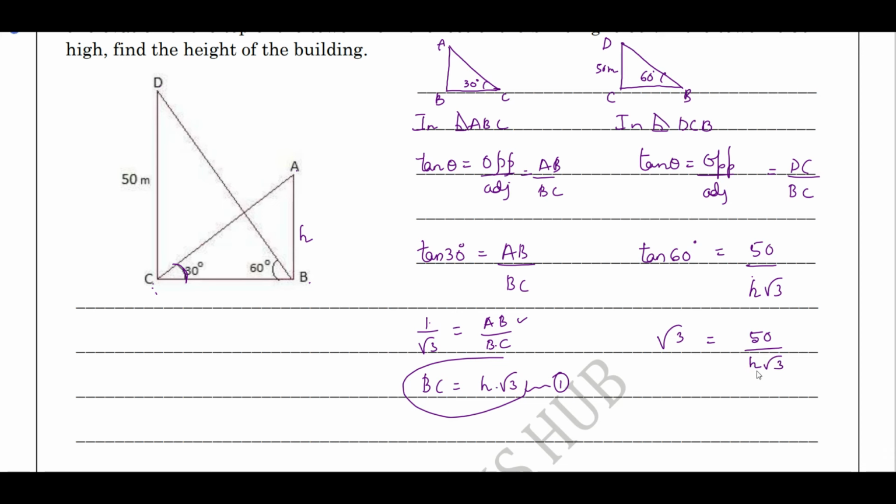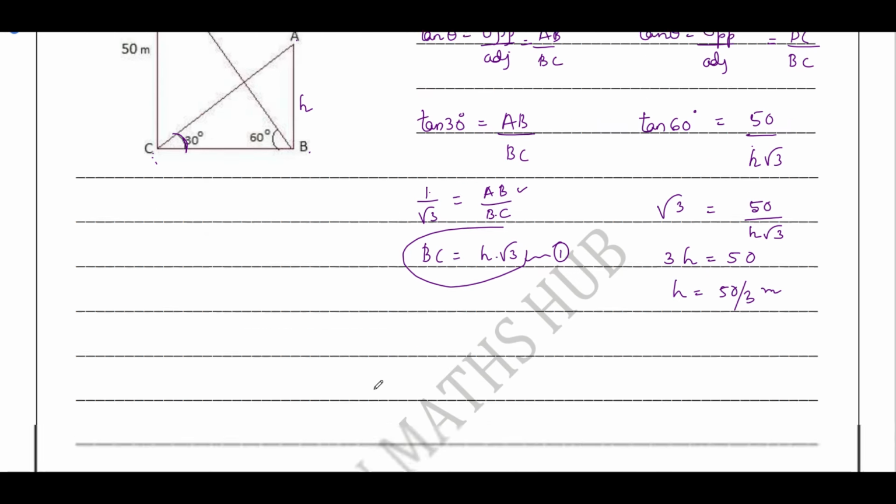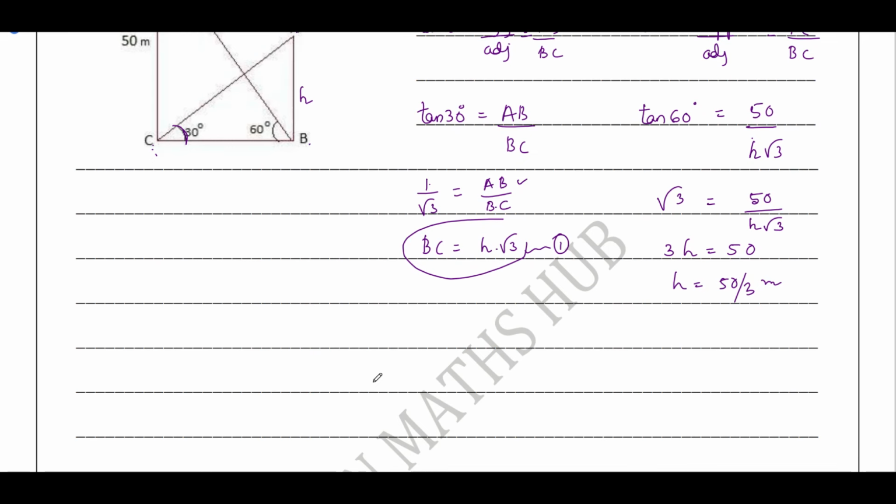Now cross multiply: h root 3 into root 3 into root 3 is 3. Now what we get? 3h equals 50. H equals 50 by 3 meter. Therefore, the height of the building is 50 by 3 meters. If you convert into the mixed fraction, what we get? 16 2 by 3 meters. If you keep up to here, you will get the marks.